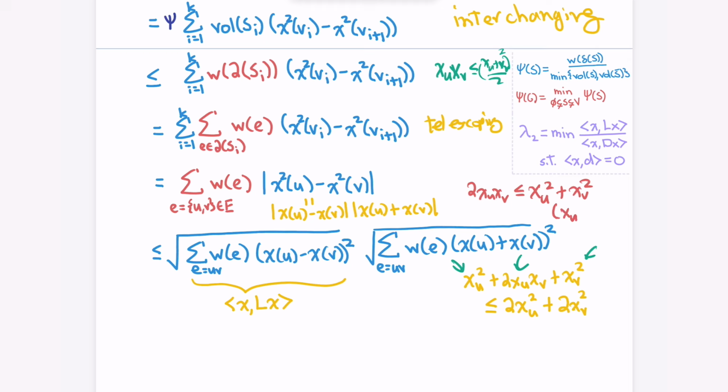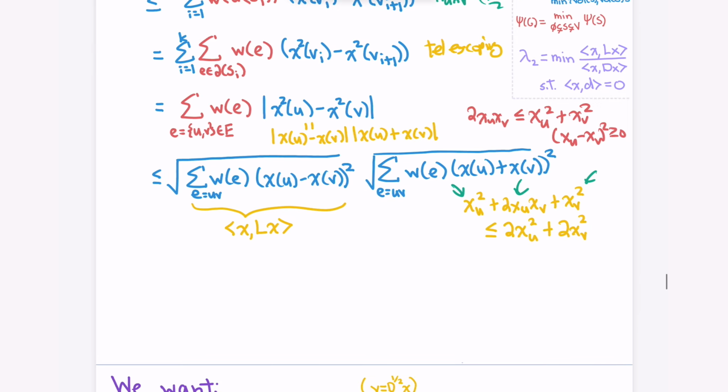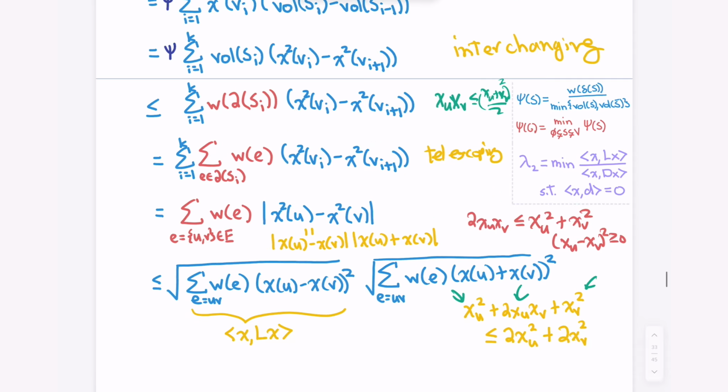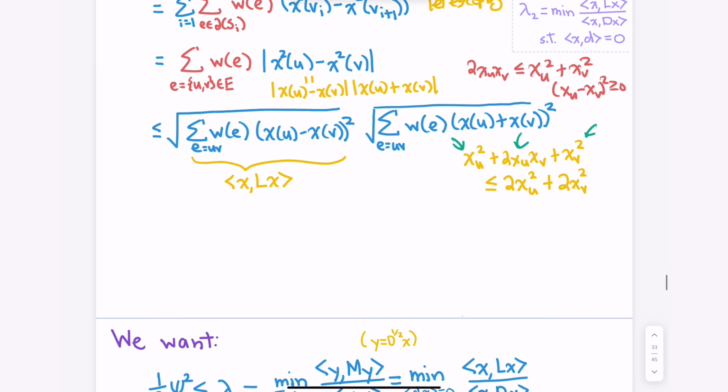Okay, I just think of this as (x_u minus x_v) squared greater than or equal to 0. Oh, okay. We'll come back to that.